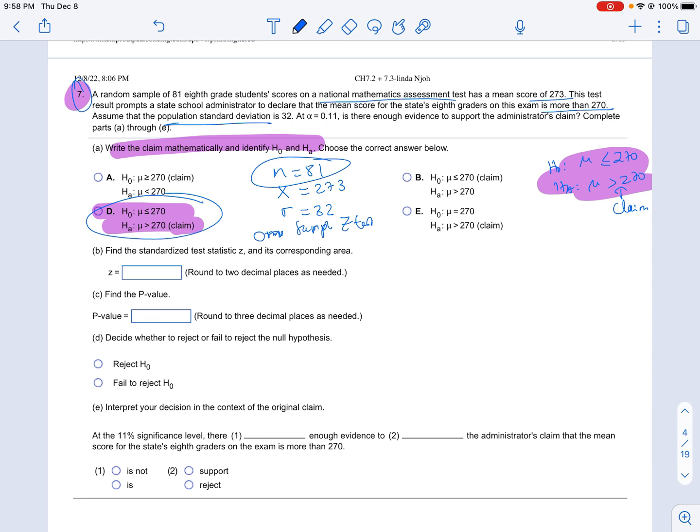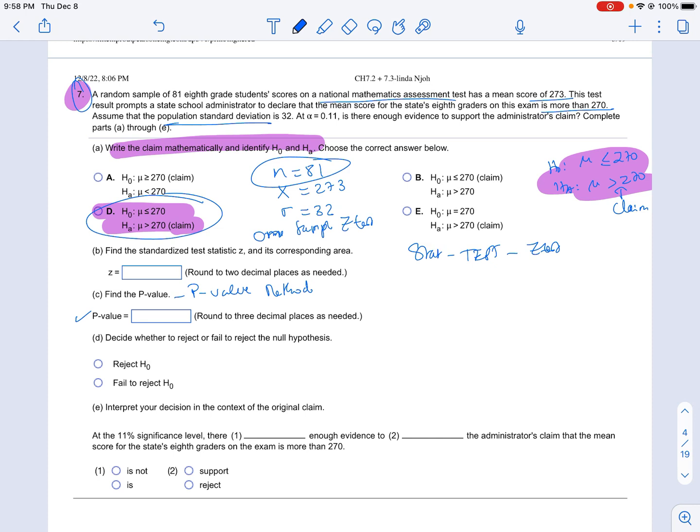What's the z-stat? We're just going to plug this in the calculator. It's a p-value method. We're going to plug in all of that information in the calculator. So under stat test, you go to z-test. I'm going to show you my setup. My mean 0 is 270, hypothesized mean.